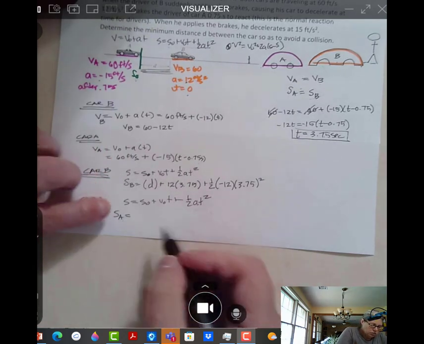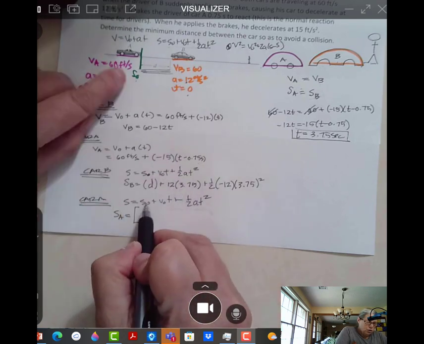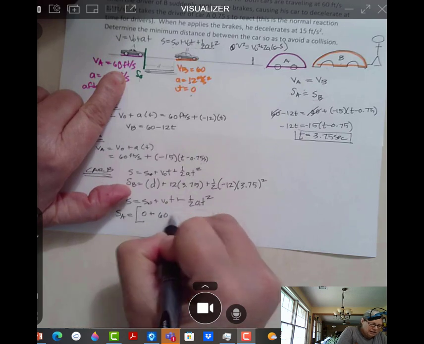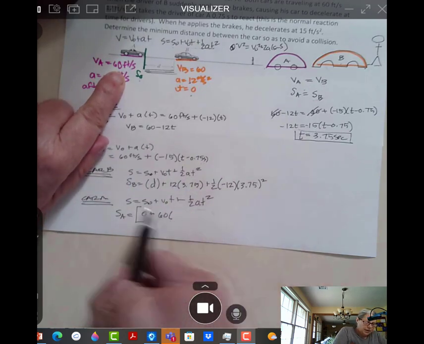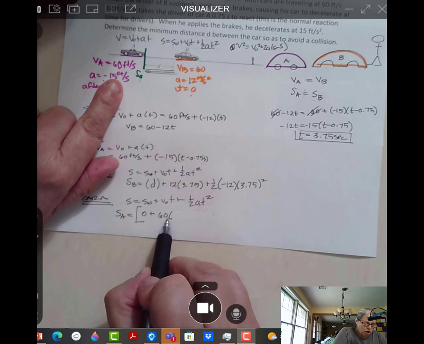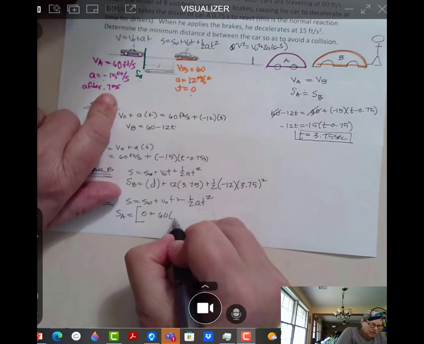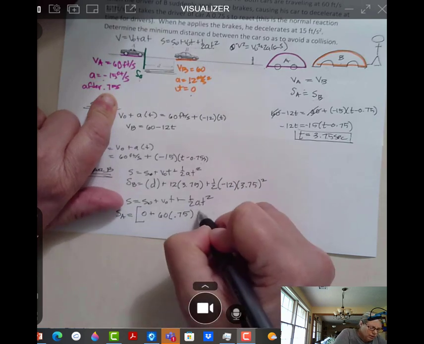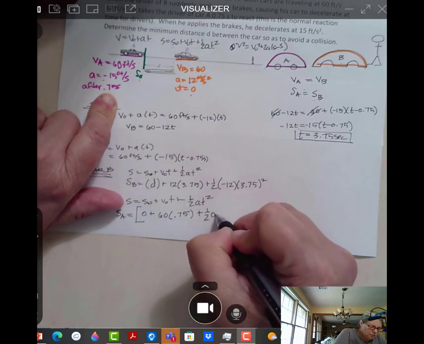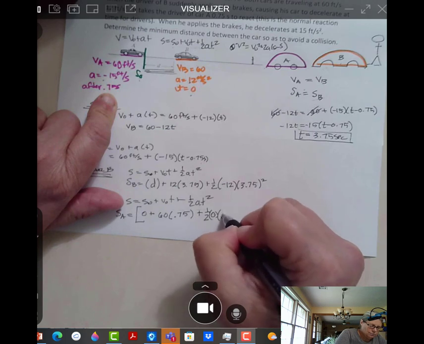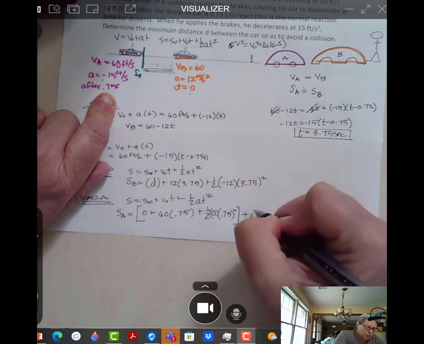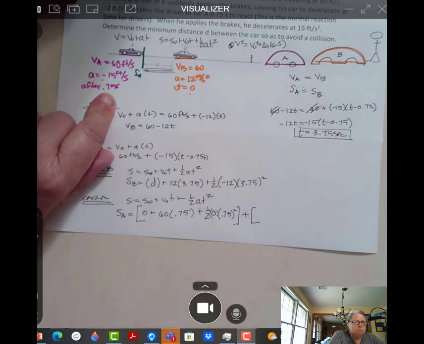So car A. We're starting at 0 plus 60 times, what is the amount of time that we're going at 60 without acceleration? That's going to be 0.75 seconds, plus 1/2. Well, at first we're not decelerating. Now we've hit the brake and we are going to be moving a little bit farther down the road.